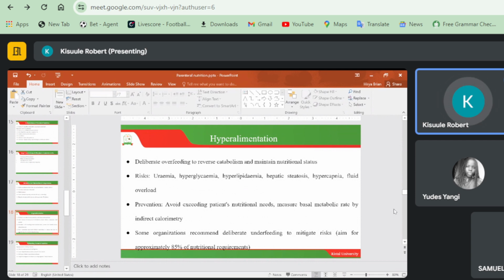Some organizations recommend deliberate underfeeding to mitigate risks. It is better to underfeed someone than to cause a shock to the system, because with underfeeding we can always catch up. But with overfeeding, imagine someone has gone into septic shock. We can no longer reverse this.